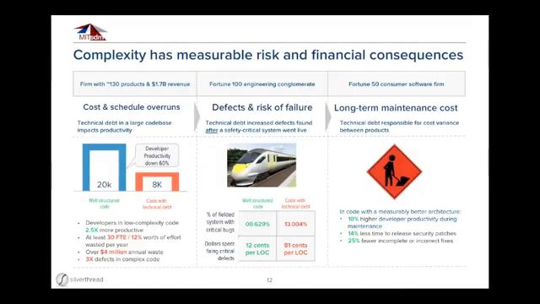Here's some other work that we've done with commercial firms. If you look at the left-hand panel, this is looking within the context of a commercial firm. It happened to be a company with $1.7 billion in revenue.